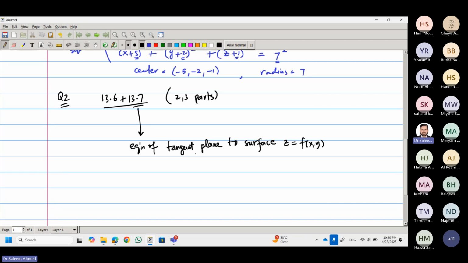I know that equation of plane, whether it's tangent or not, can be written as a(x minus x naught) plus b(y minus y naught) plus c(z minus z naught) equal to 0 at x naught, y naught. So the point is of course given, right?